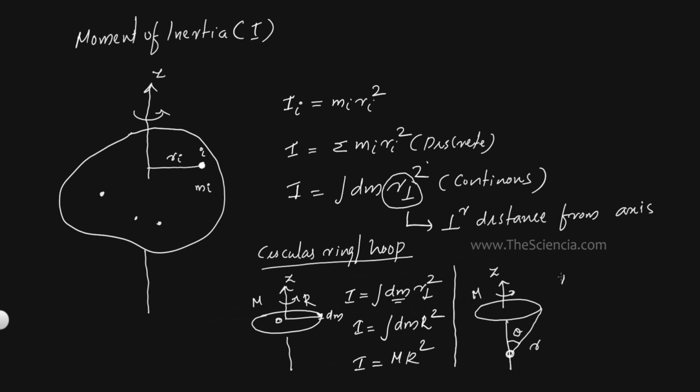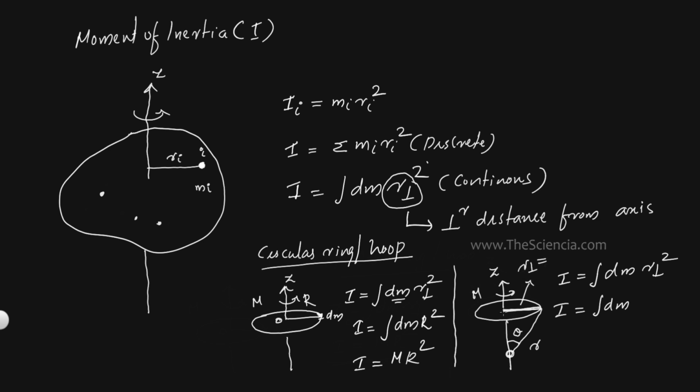Now what is the moment of inertia I? From the definition, it is the integral of dm r perpendicular square. So r perpendicular is the perpendicular distance from the axis, that is this one.